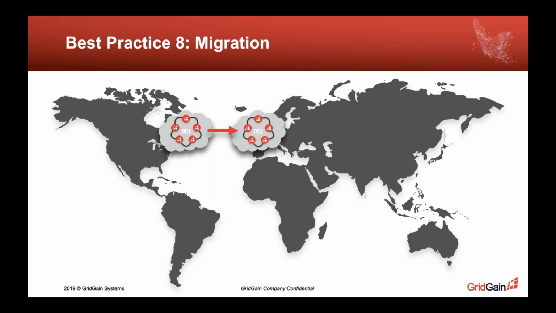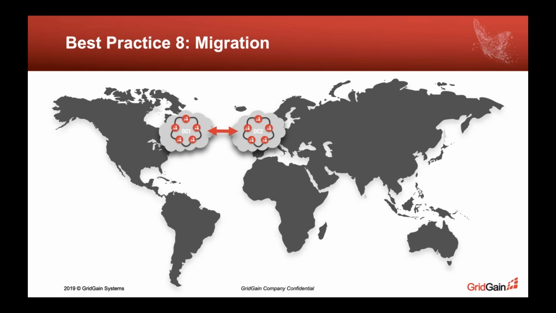Tools like GridGain's Web Console or Visor will allow us to watch the data as it is migrating between the two clusters, and we can see if the data is being checked and how successful it's been. And then if the goal was just to migrate from one data center to another, once the data has completely been migrated, then we can take down the original cluster.